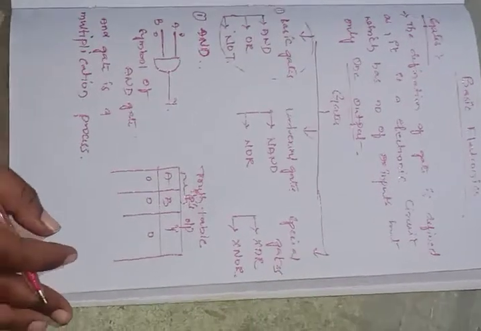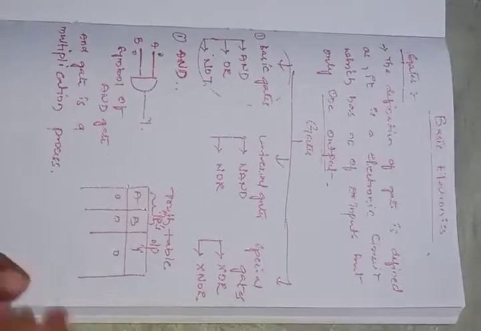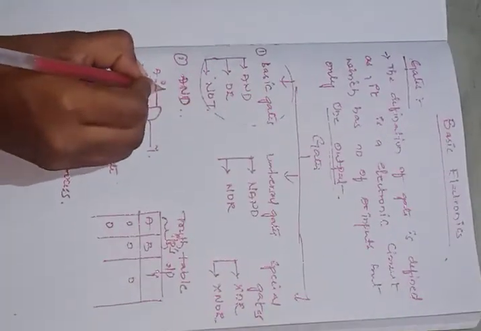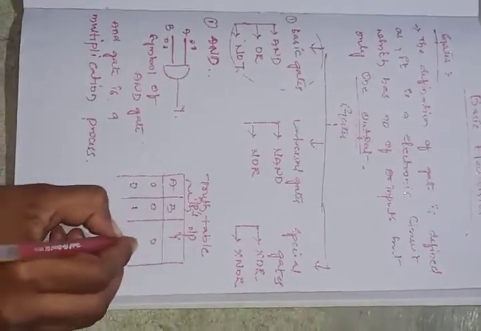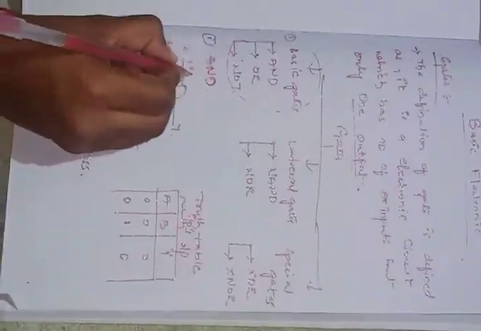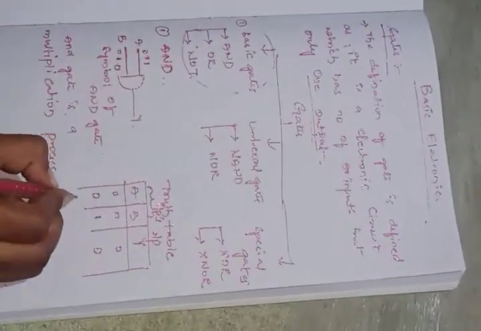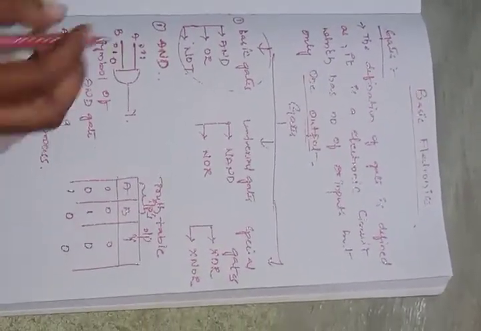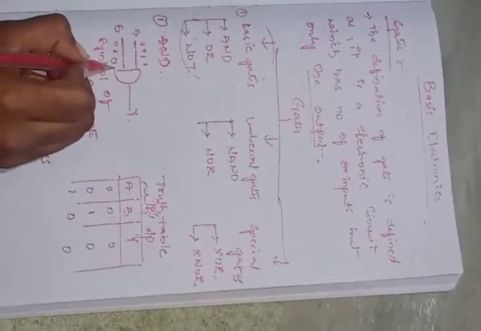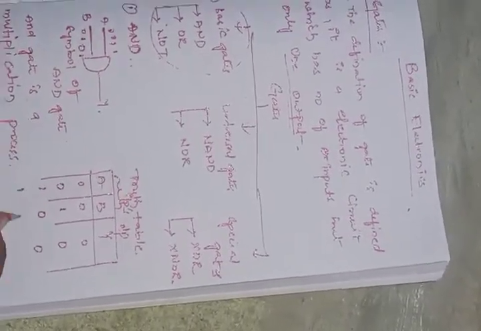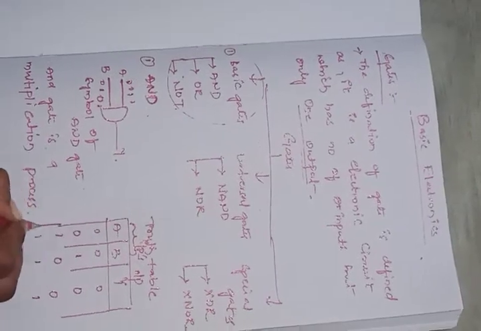We know that anything multiplied with 0 gives output 0. If A is 0 and B is 1, the output is 0. If A is 1 and B is 0, the output is 0. If A is 1 and B is 1, the output is 1.